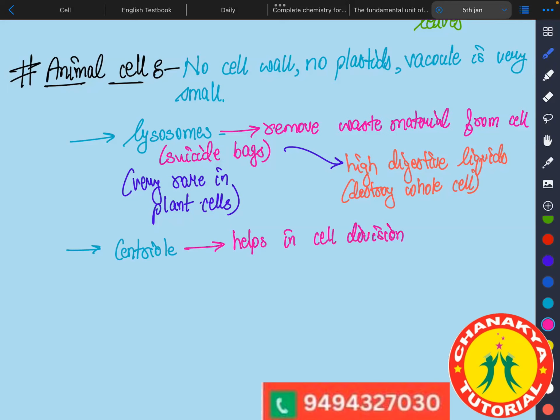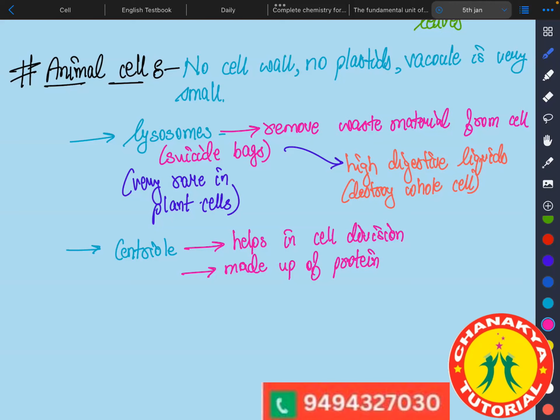This centriole is made up of protein and it helps in cell division.